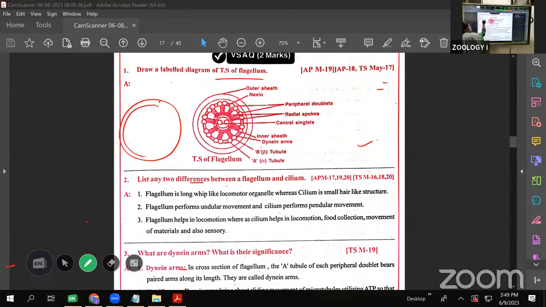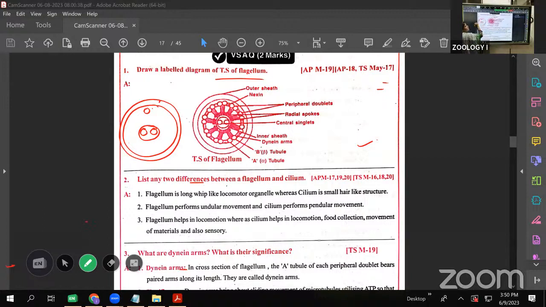After that, count the nine doublets: 1, 2, 3, 4, 5, 6, 7, 8, 9. First you draw the singlets. At the center there are two singlets, 1 and 2. They are single. Draw the singlets and the surrounding inner membrane. Next, draw the doublets.